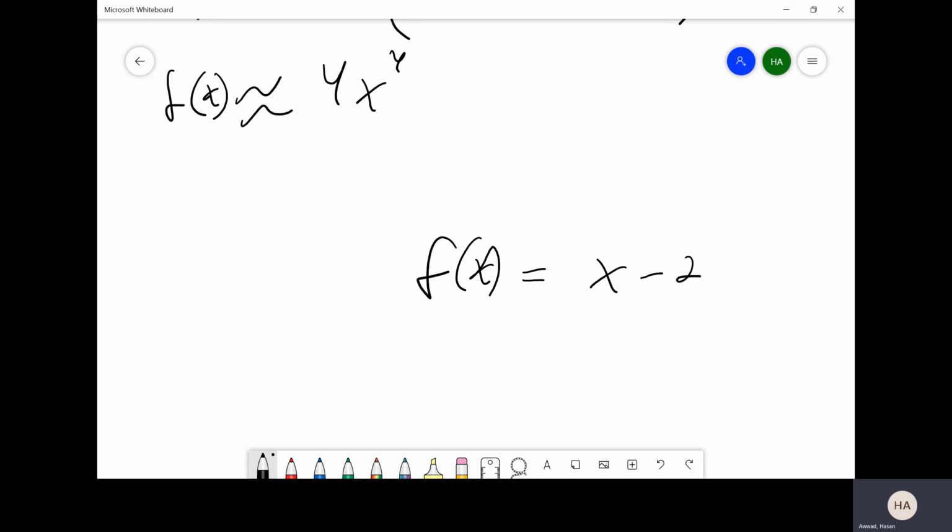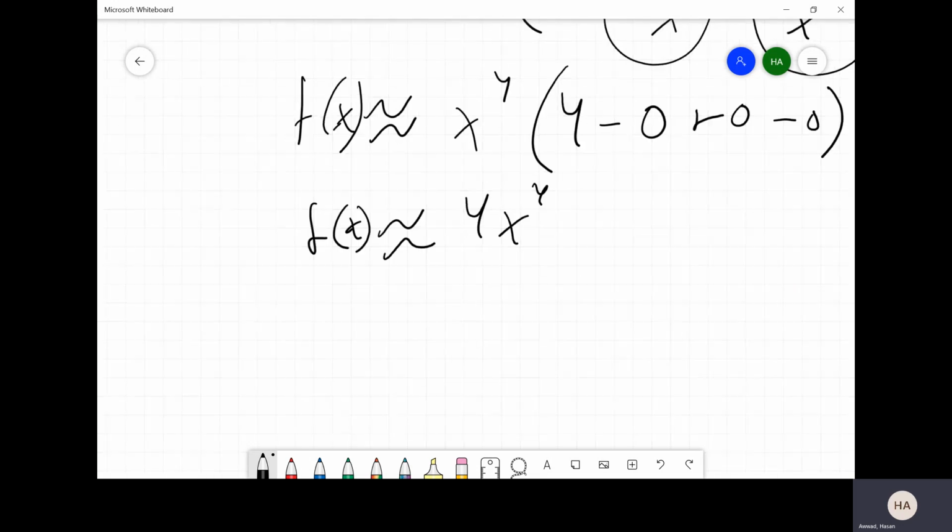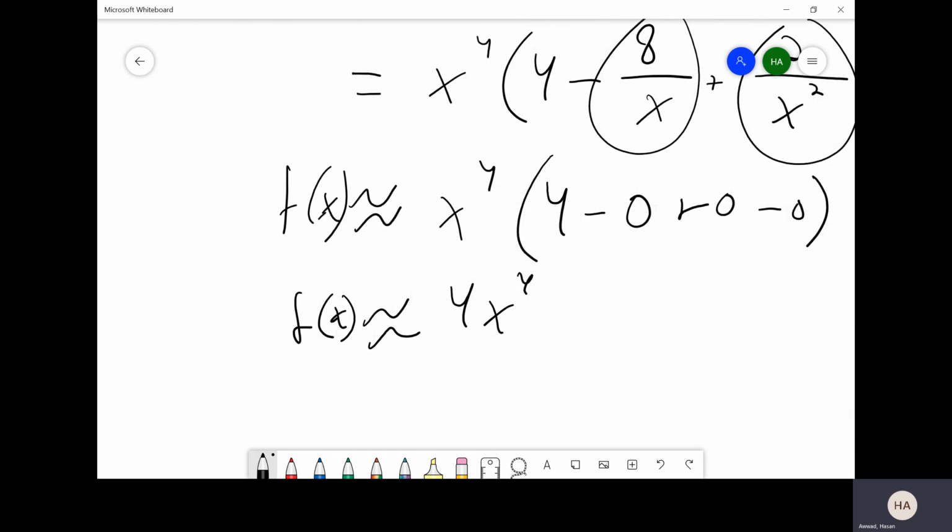But as x gets really big, like say you plug in 10,000, well, 10,000 minus 2 is 9,998, and that's still pretty darn close to 10,000. So notice how as x gets very large, it's approximately just x, which in this case is your leading term. Okay, so that is polynomial function and behavior. It might not seem that intuitive, but essentially all that I'm getting at here is that the highest power, the leading term, is the most important for any polynomial.